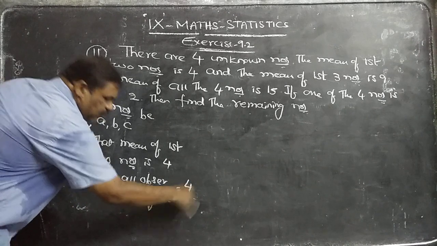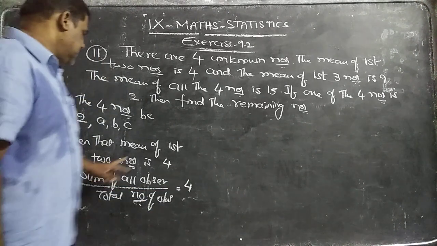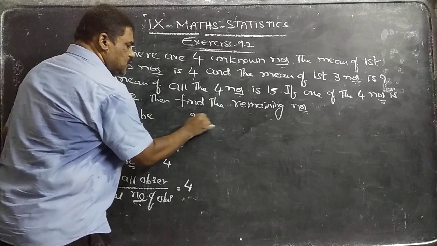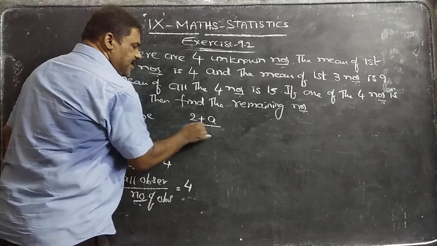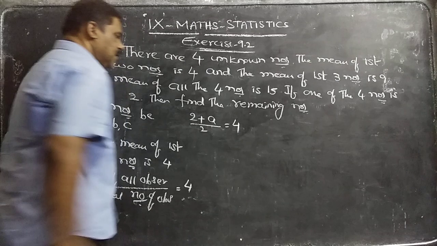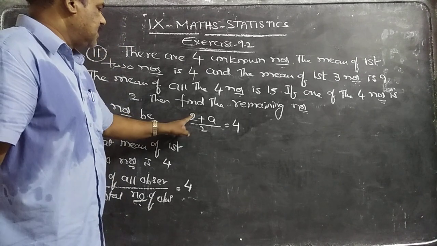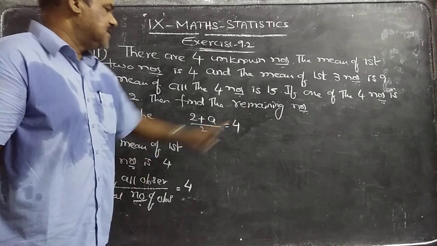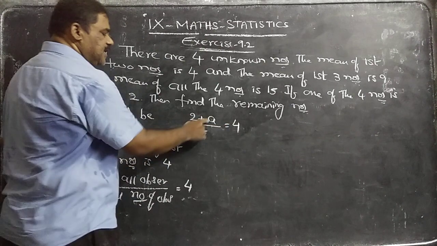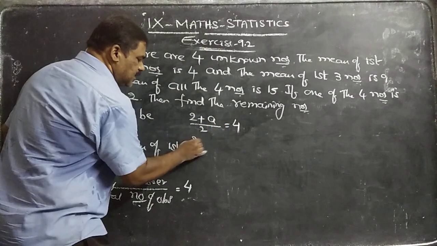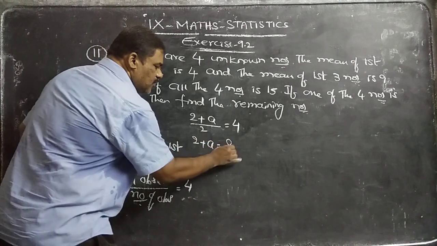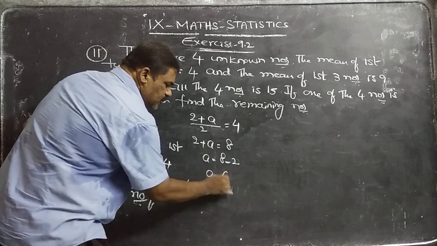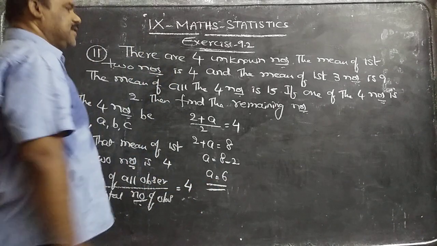First number is 2, second number is A, its mean is given as 4. So (2 plus A) by 2 is equal to 4. Cross multiply. 2 plus A is equal to 8. A is equal to 8 minus 2. A value is 6. We got one number.